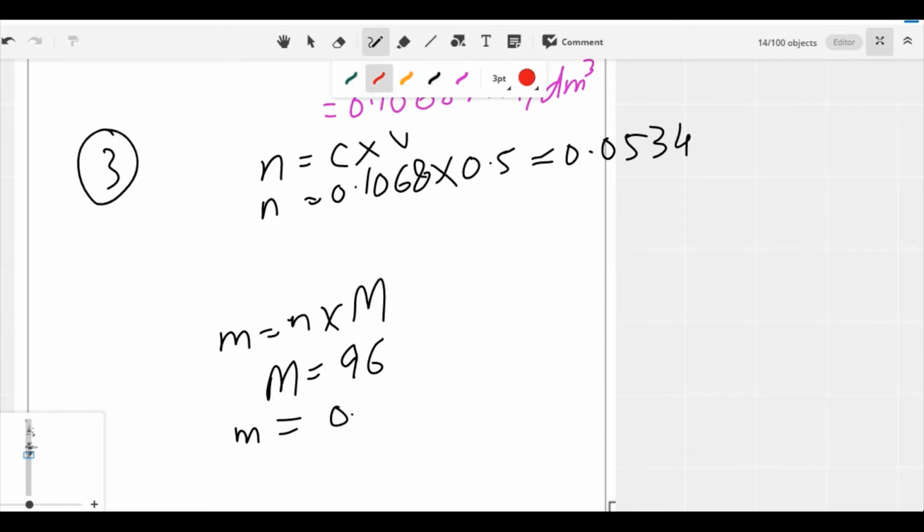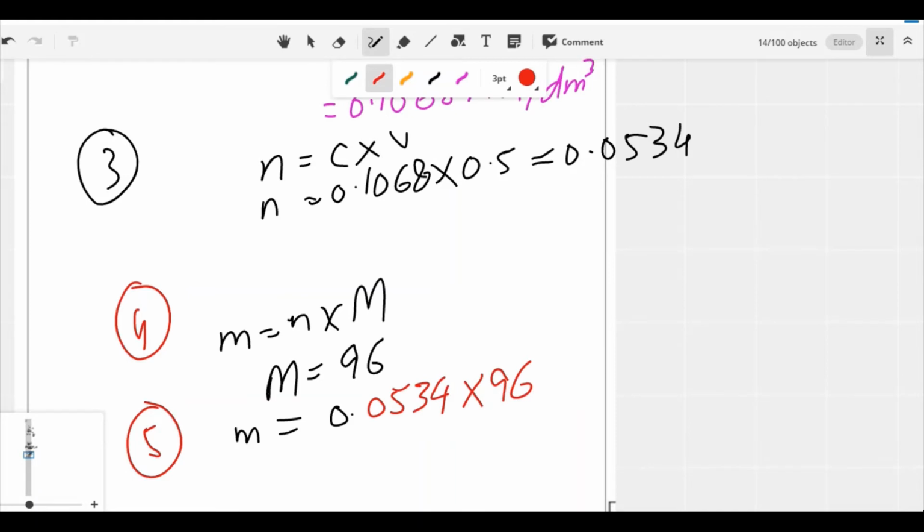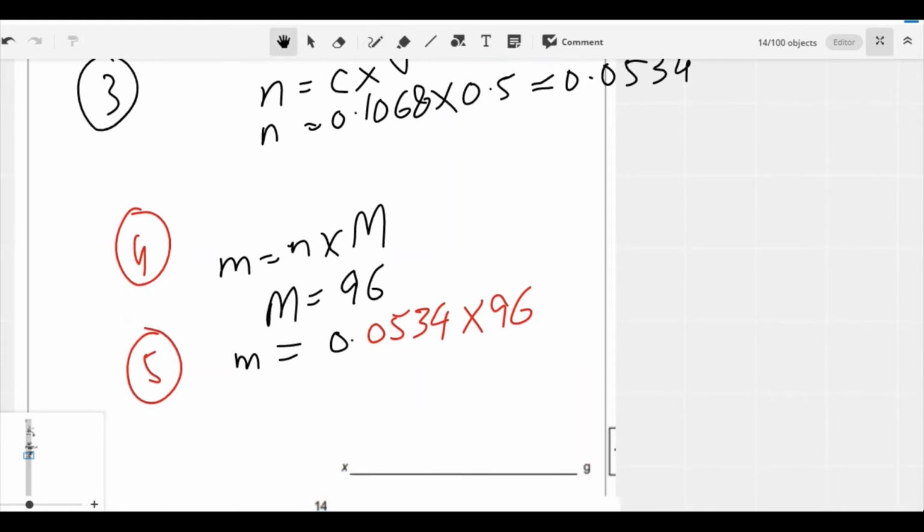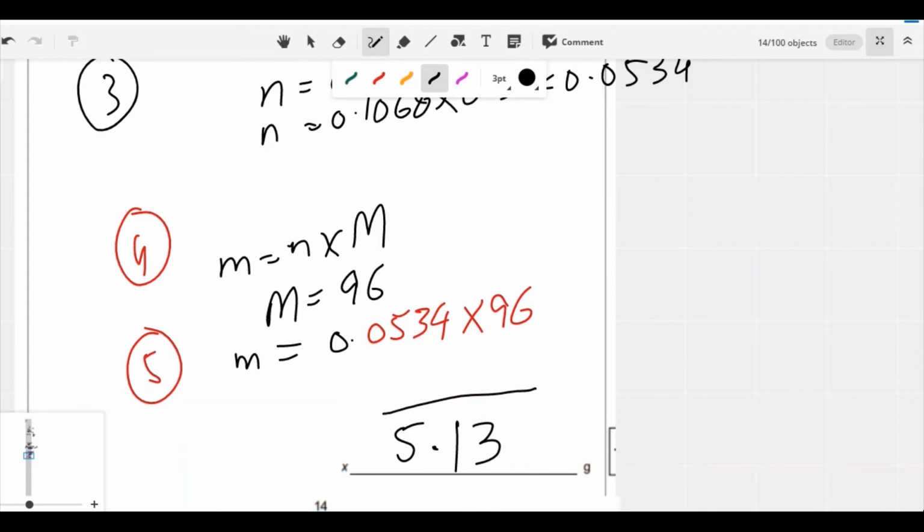Let me mark it the 4th step, and here is the 5th step, final. So m is equal to 0.0534 times 96. So you got the answer, that will equal 5.13 grams.